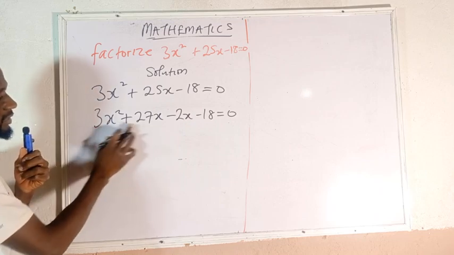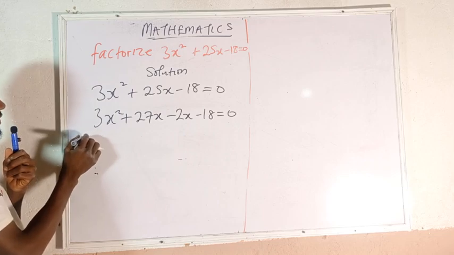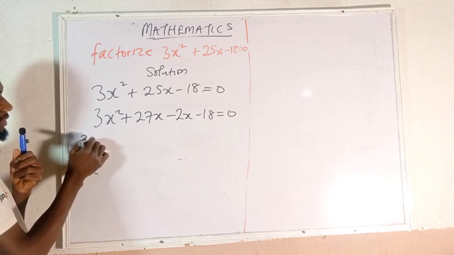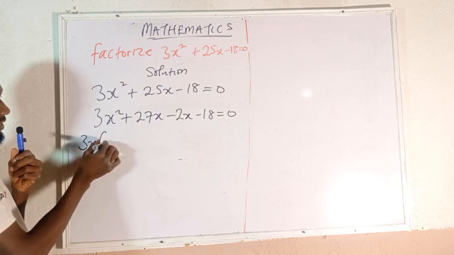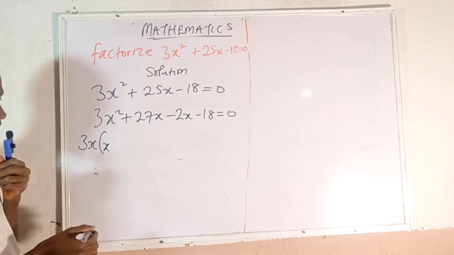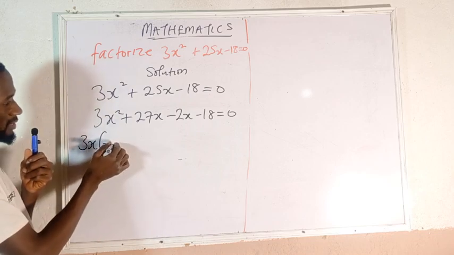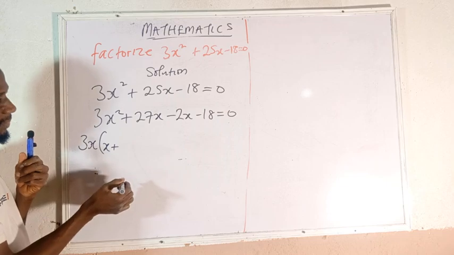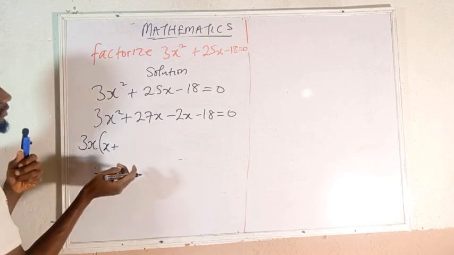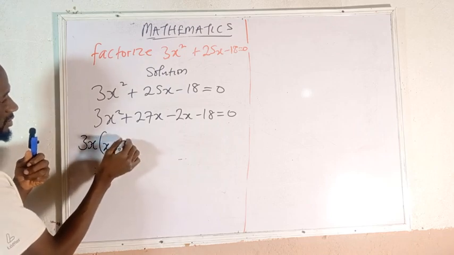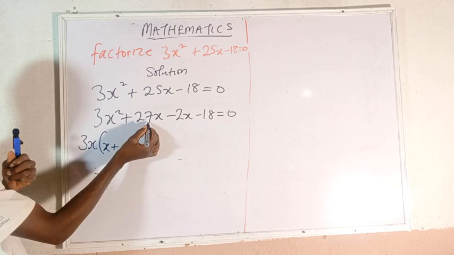We have 3 here, we have 3 here. We have 3x outside the bracket. Inside we have x, plus. How many 3 do you have in 27?